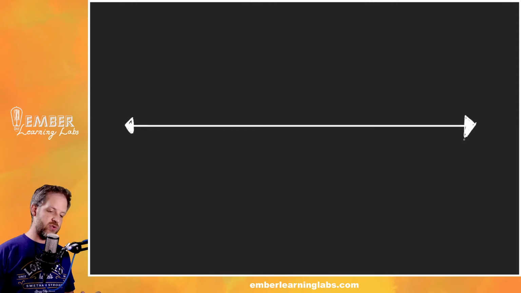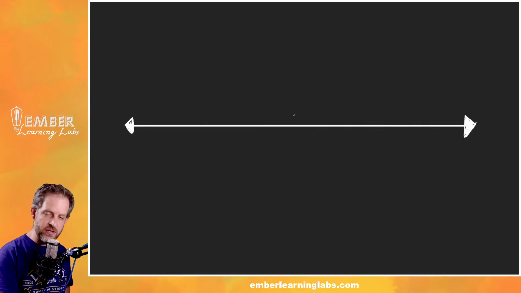Okay, so the first thing we mark on our number line is 0. 0 doesn't have to be in the middle. It does not have to be, although often, especially at this point, it is. So we put the number 0 right there.